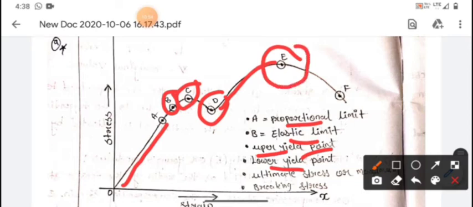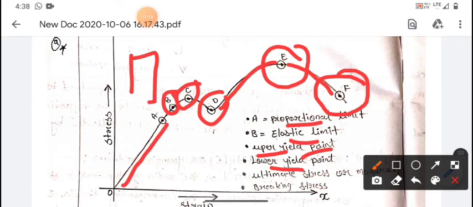Beyond the ultimate stress, as the load increases and the material cannot sustain that load, it is called the breaking stress, where the material will fracture.